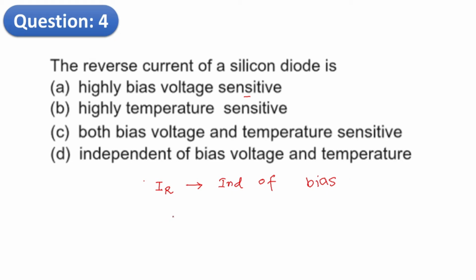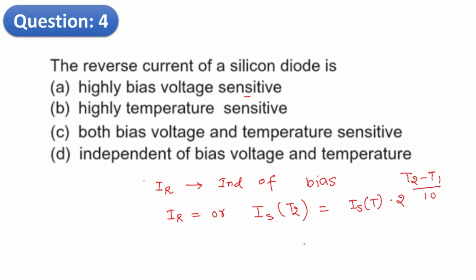the temperature. Okay, so suppose we have saturation current or reverse saturation current Is for temperature T2 equal to Is of T1 into 2 to the power (T2 minus T1) divided by 10.